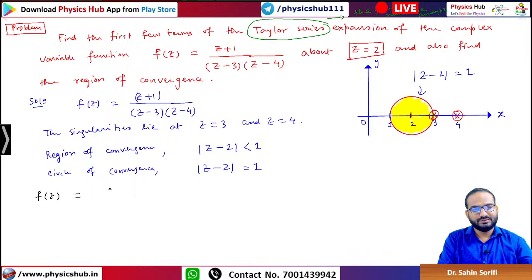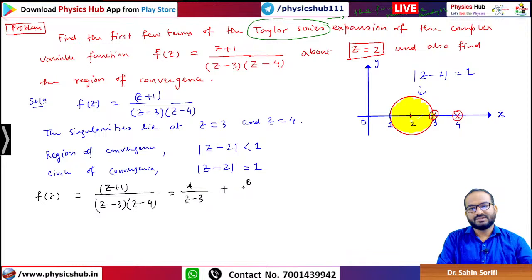f of z equals z plus 1 divided by z minus 3 times z minus 4. So you can expand it in partial fractions as a by z minus 3 plus b by z minus 4, and you can easily calculate the values of a and b.